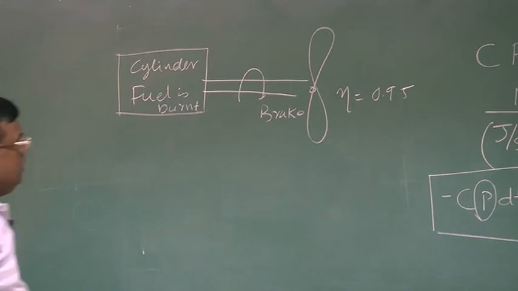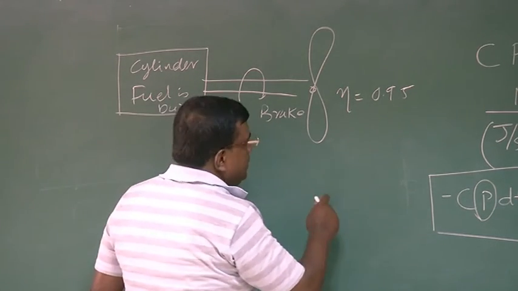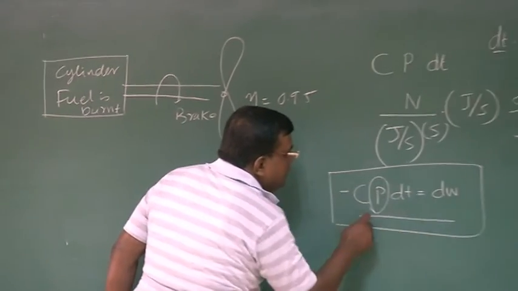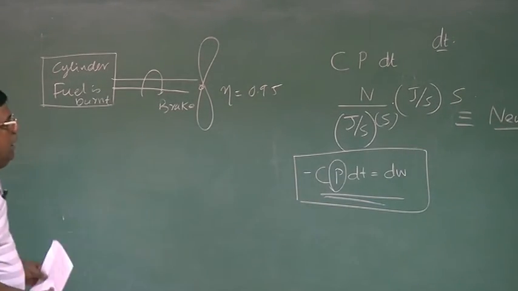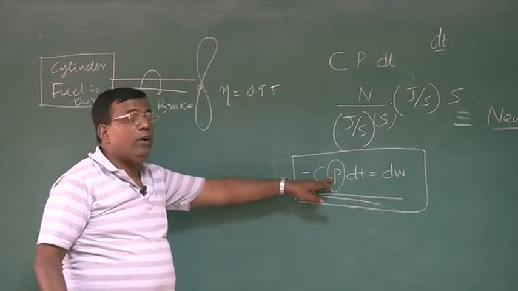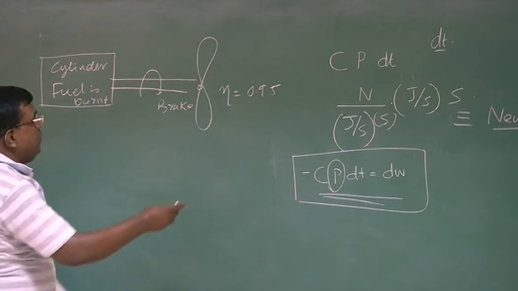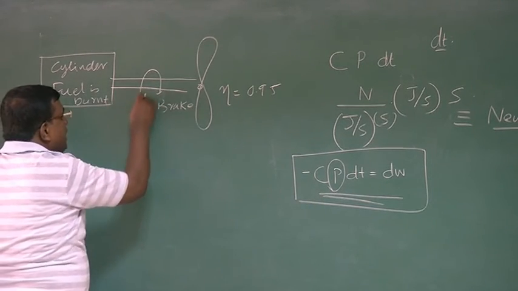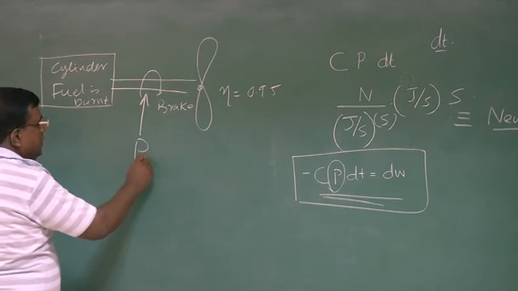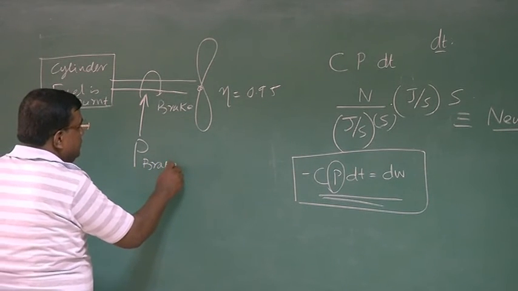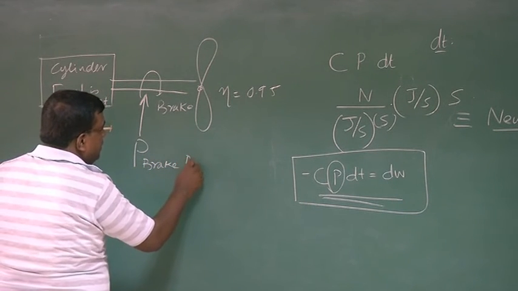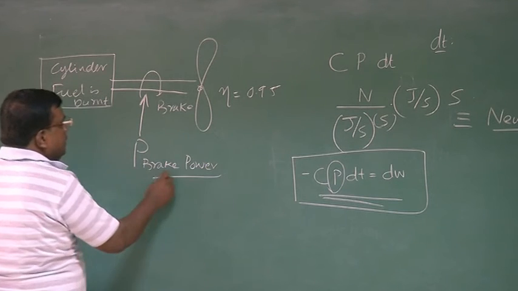Now please understand, since this is related to the fuel consumption, and this power is coming because fuel is consumed, this P is the power available at the brake, that is brake horsepower, or brake power. Horsepower is a unit.